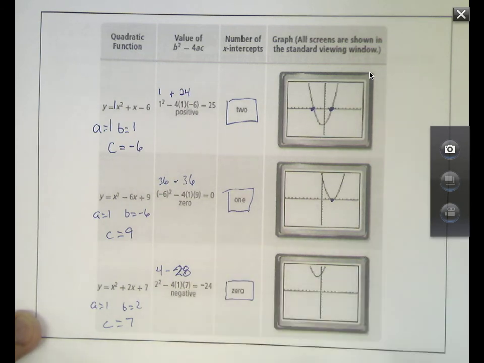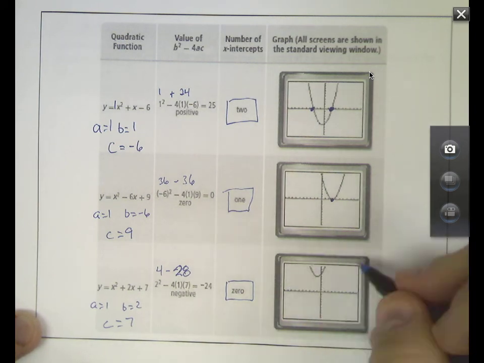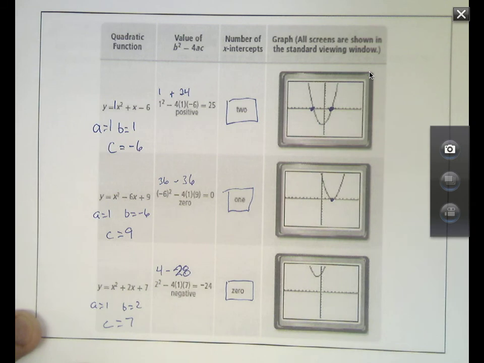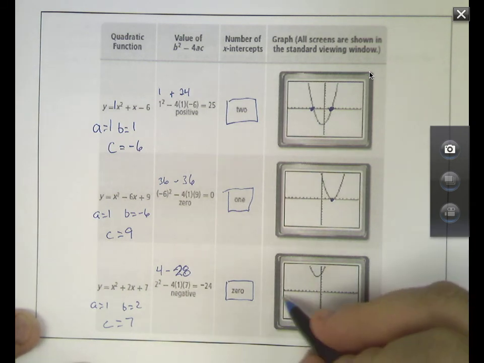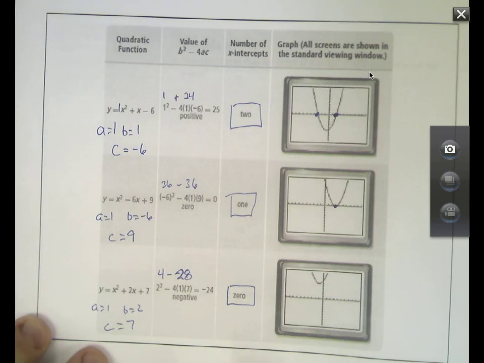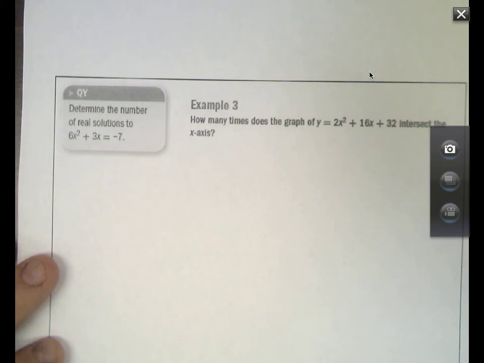Okay. -24 is negative. So you have 0 solutions, 0 x-intercepts, which means there's going to be a graph that's just not going to cross our x-axis. So you only have solutions when it crosses the x-axis. We should all know that.